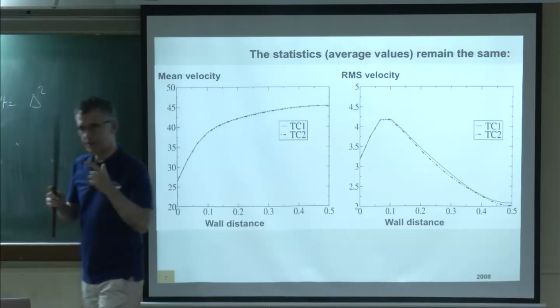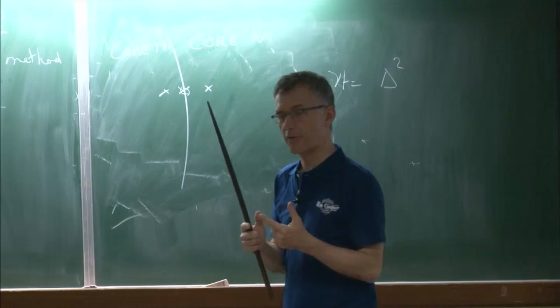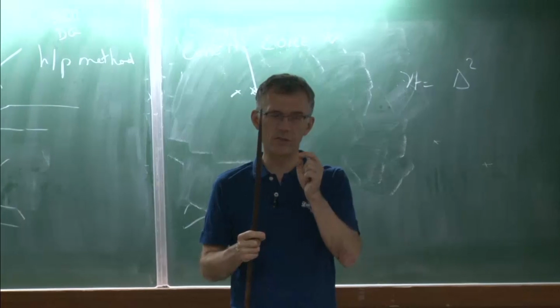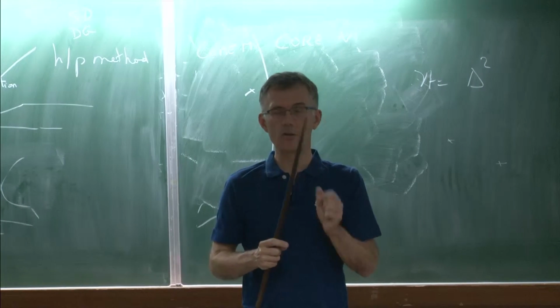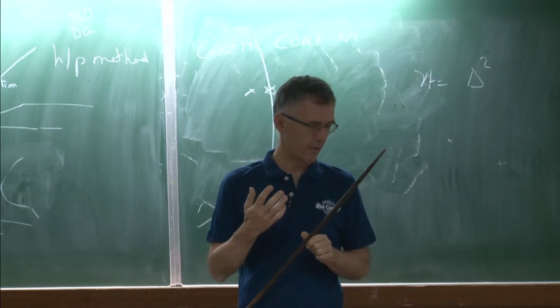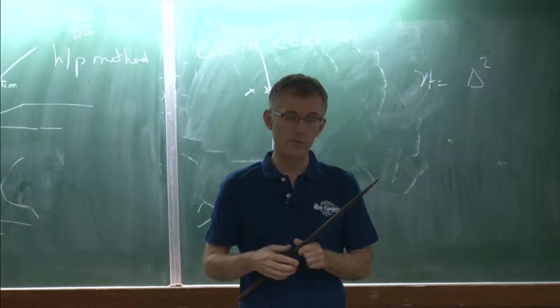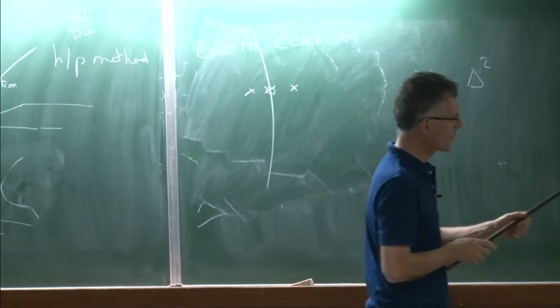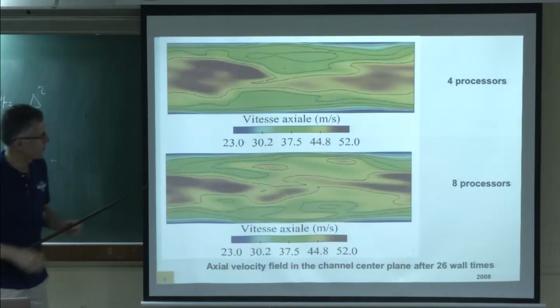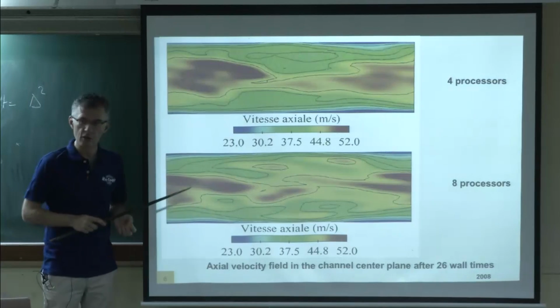So it's the right flow. You're computing the right flow, but the instantaneous events are not the same, which is somehow consistent with the idea that since this flow is a turbulent amplifier, any difference will be amplified.